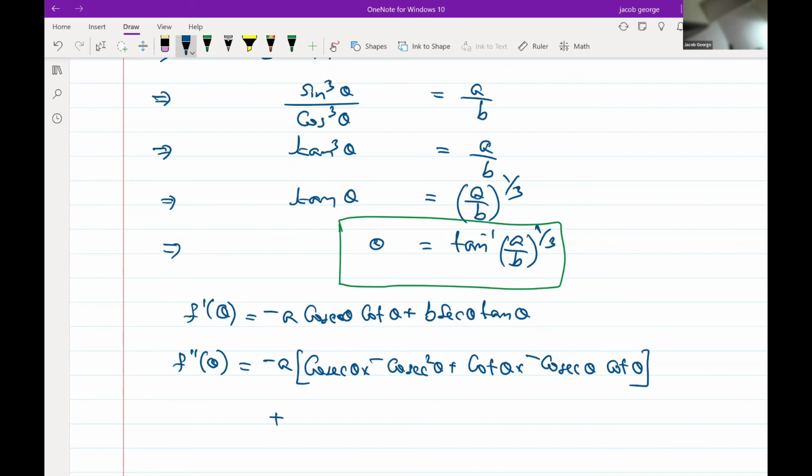For the second term also the same, B into sec and tan, two functions. So sec theta into derivative of tan theta, which is sec square theta, plus tan theta into derivative of sec theta, which is sec theta tan theta.